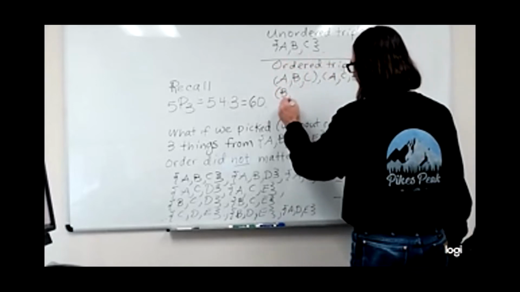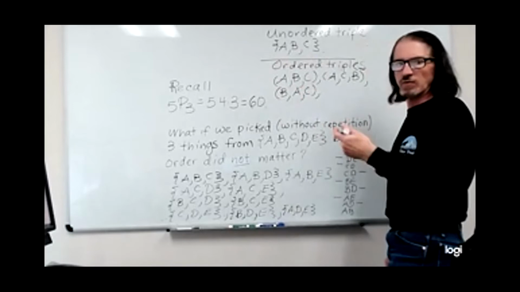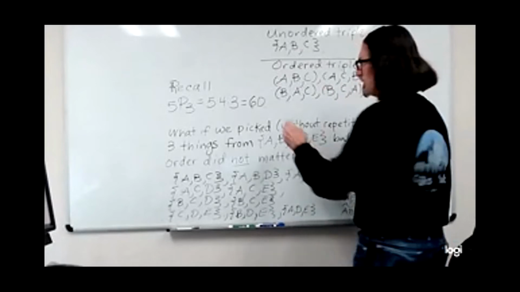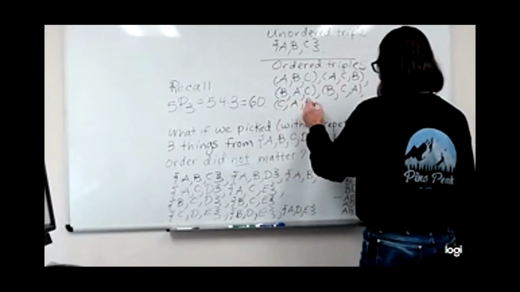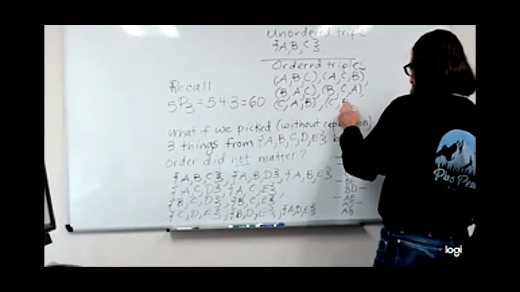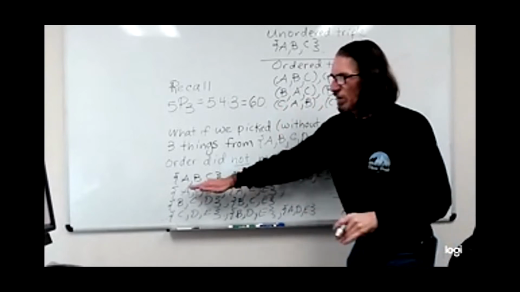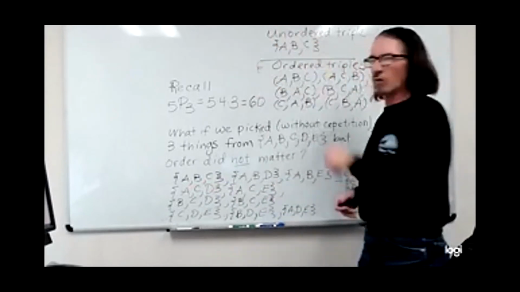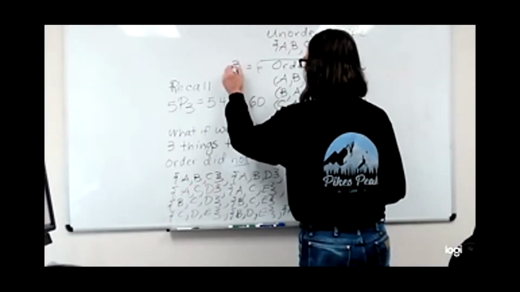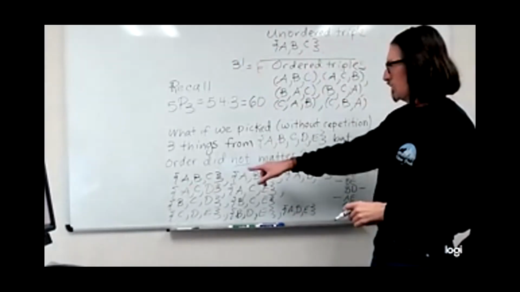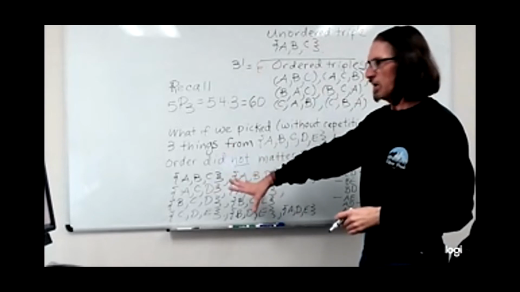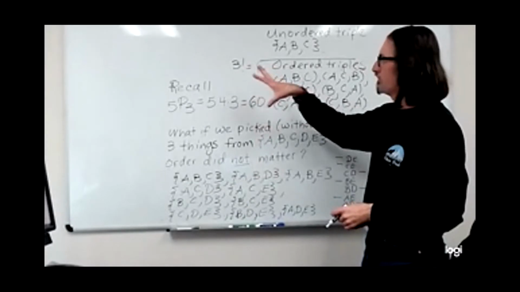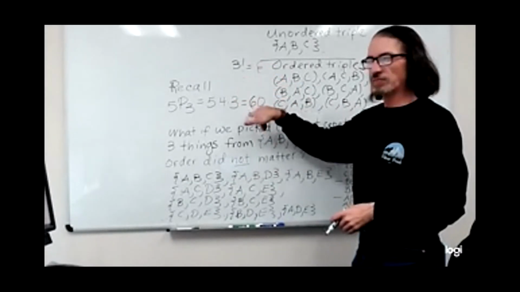Or start off with B, and then reverse the last 2. Or start off with C, and then reverse the last 2. For all of these 10, I could come up with 6 ordered triples, which is 3 factorial. So there were 10 unordered triples, but if I multiplied by 6 to find out how many ways to put them in order, I would get that 60.